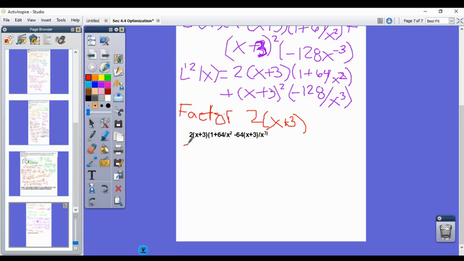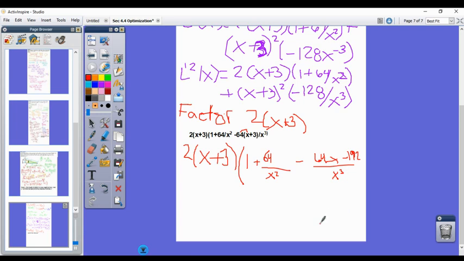So now I have 2x plus 3 on the outside, and it's more clear if I write it like this: 64 over x squared minus 64x. Distributing here, 64x minus 192, all divided by x cubed.